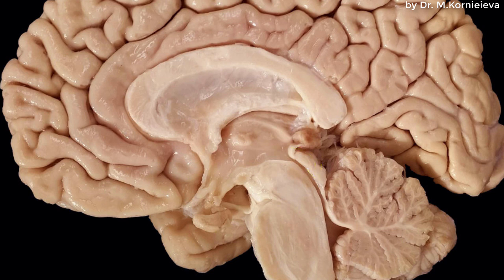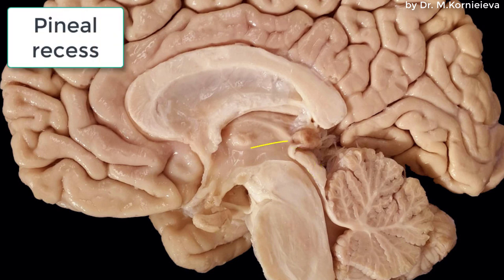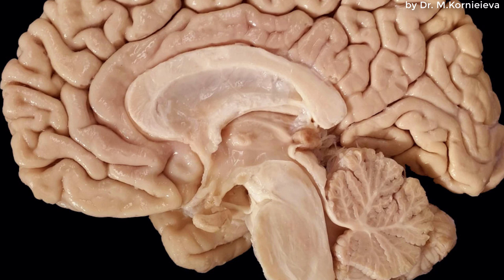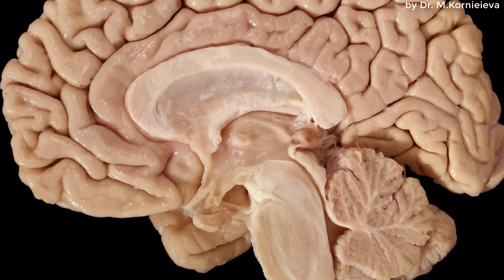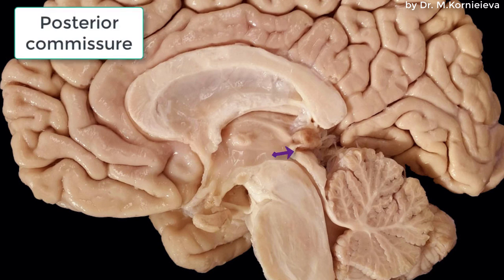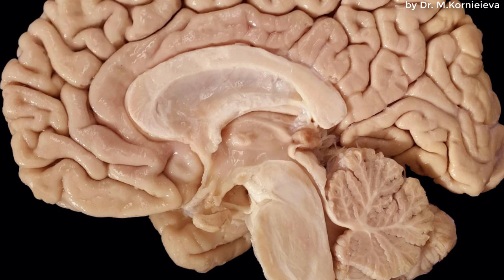The base of the pineal stalk possesses a recess that is continuous with the cavity of the third ventricle. The superior part of the base of the stalk contains the habenular commissure. The inferior part of the base of the stalk contains the posterior commissure. The pineal gland possesses no nerve cells, just pinealocytes and glial cells.